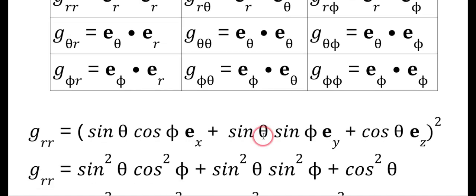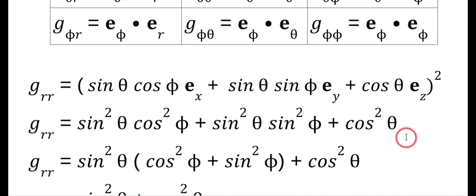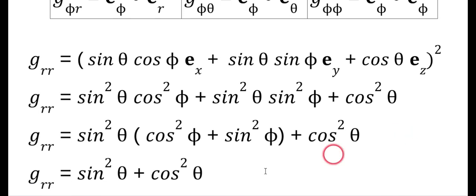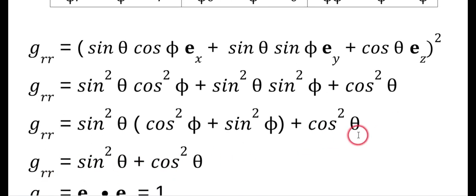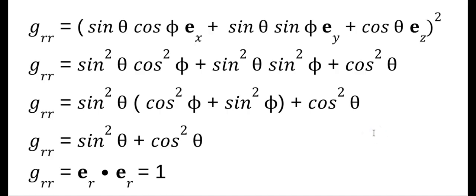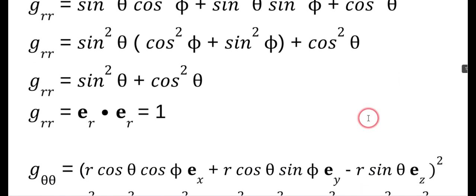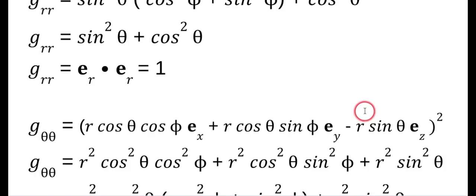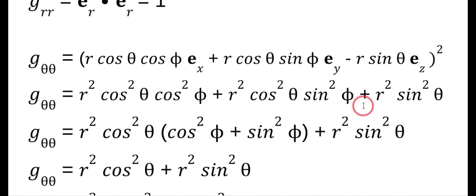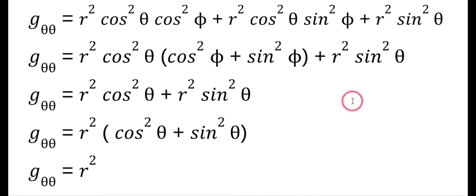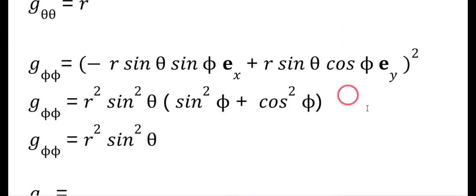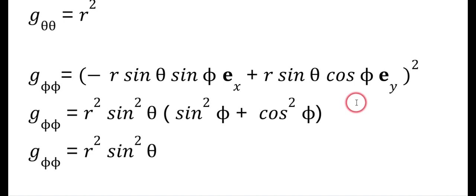So it's real easy to square it. We do some algebra, bada bing, and we come down with these trig identities. So ER is 1. We do the same thing with E theta. We go through, simplify, simplify, simplify, and we come out with R squared. E phi, the same thing: square everything, and we get R squared sine squared theta.